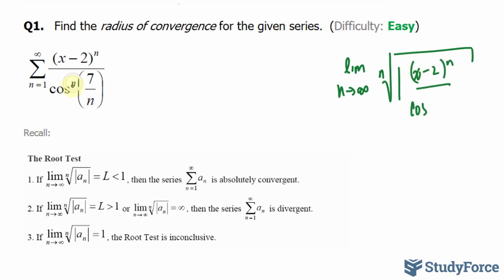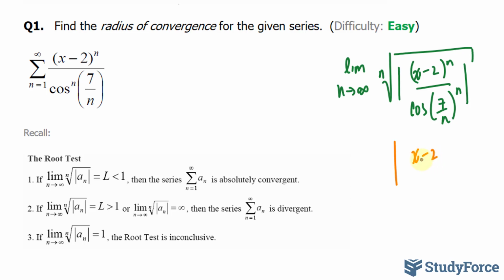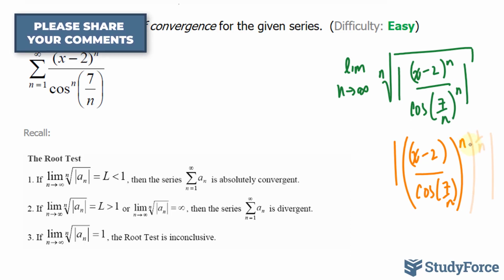And instead of writing cosine to the power of n, I'll write down cosine 7 over n, all raised to the power of n. I'll rewrite this as the absolute value of x minus 2 over cosine 7 over n, all raised to the power of n. And rather than this radical, I'll write it in fractional exponents.